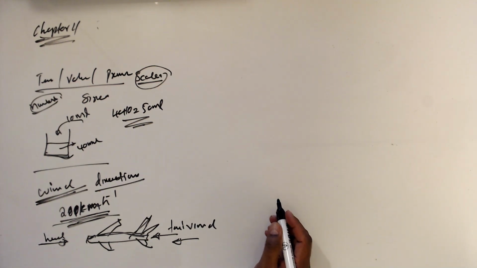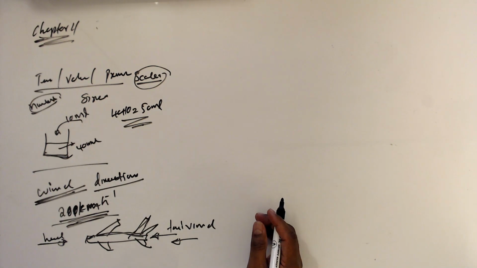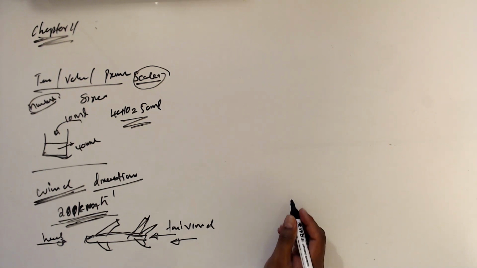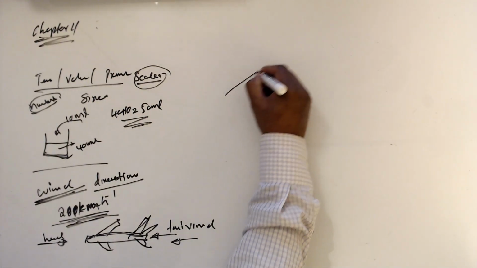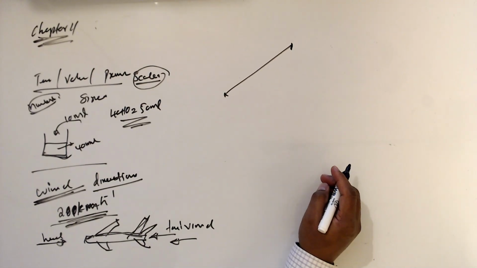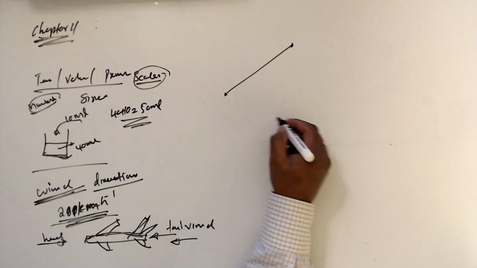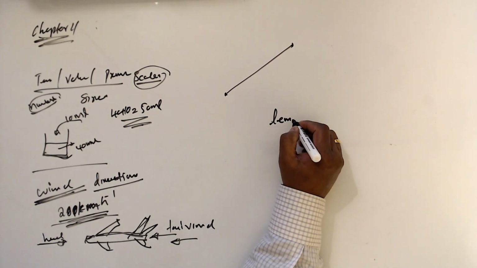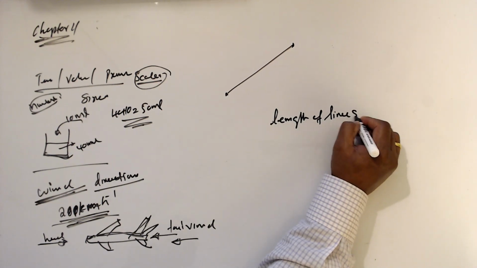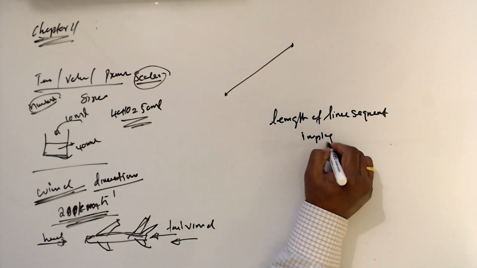So now we need something to visualize this. Show this one. A geometric object. So the geometric object is a line segment. And for this line segment, the length of a line segment implies what?